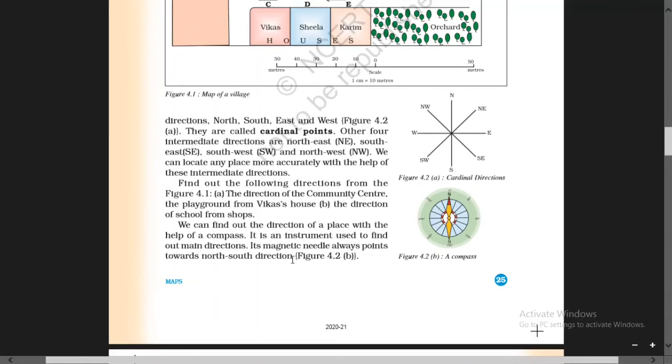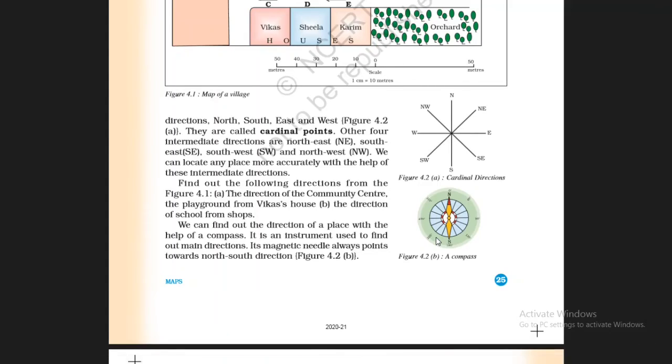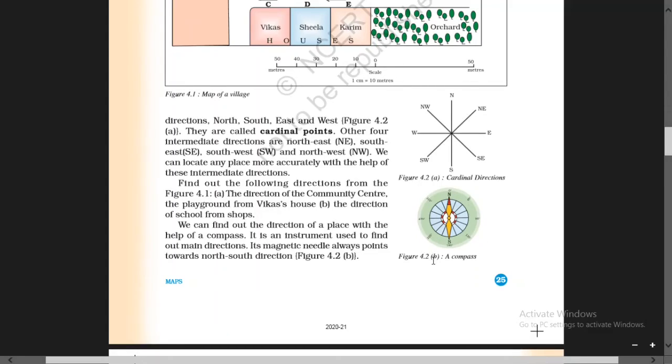See figure 4.2b, where the figure of a compass has been drawn, here in page number 25. So let's stop here for today. Thank you all.